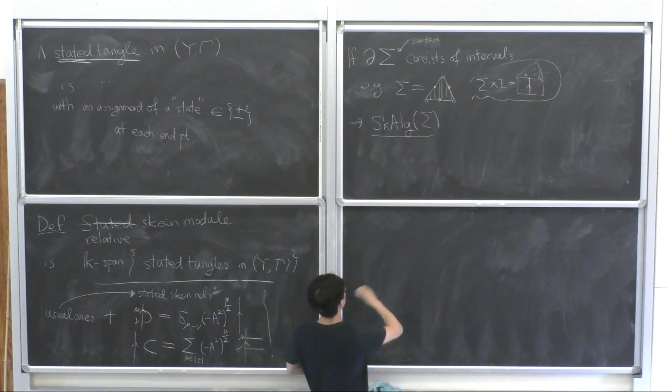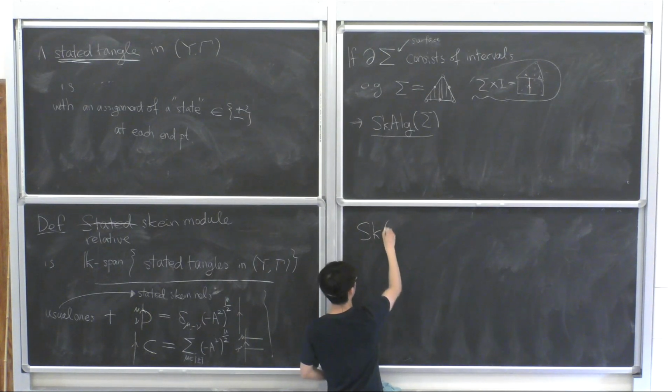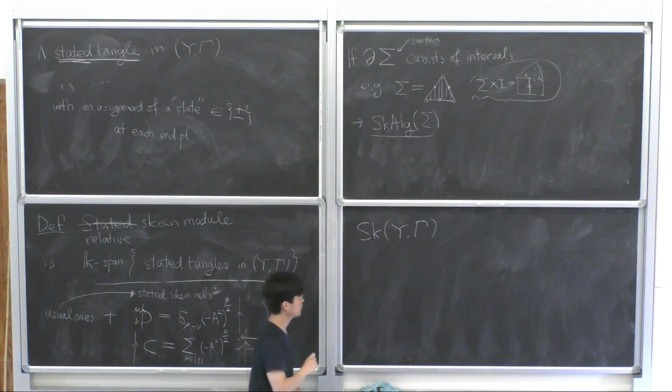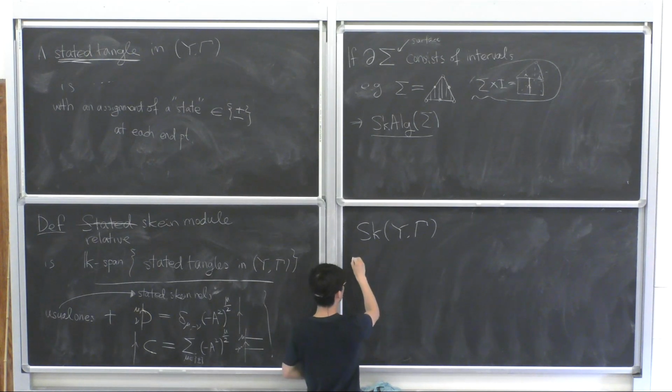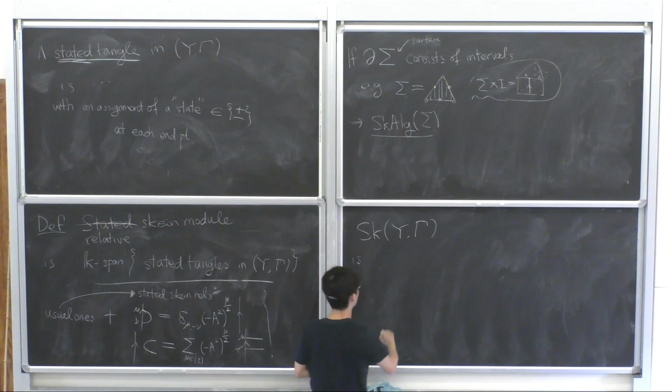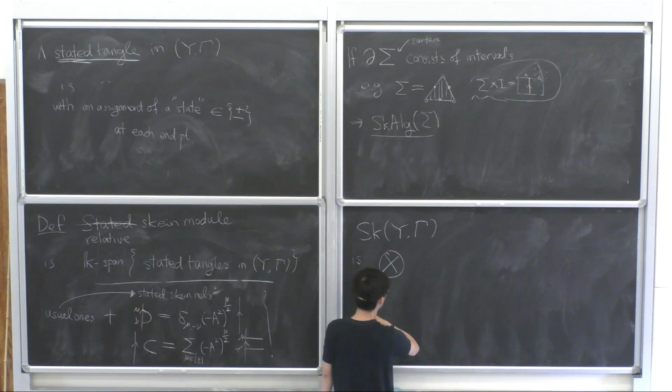An important observation is that this stated Skein module of this boundary marked three-manifold is not just a vector space, but it has a bunch of module structure. So it's actually a bimodule.